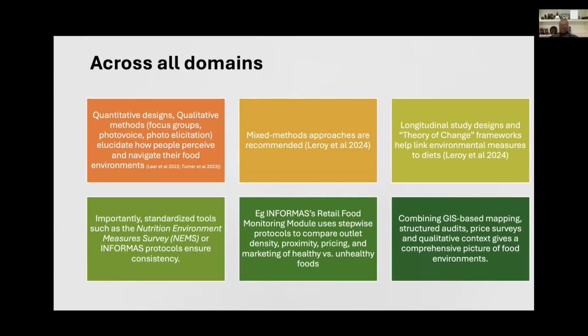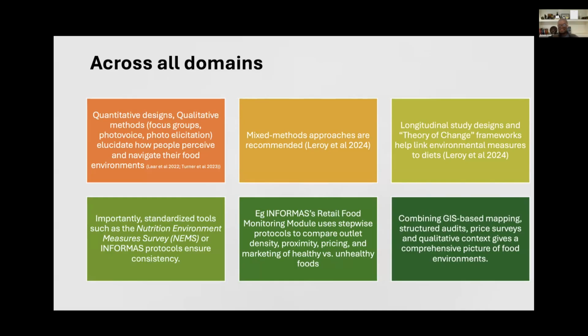I talked about the informal approaches earlier. Even preceding that, the NEMS, the Nutrition Environment Measures Survey can be used. But the recommendation here is you don't have a single method that is appropriate for all the dimensions of the food environment.